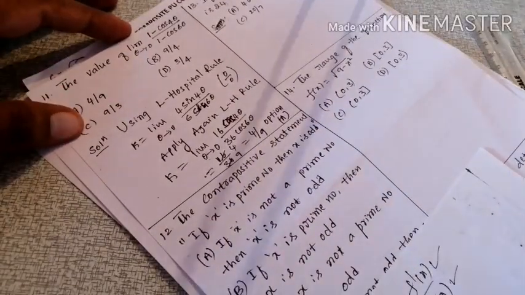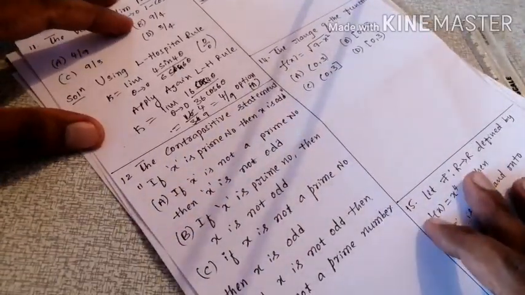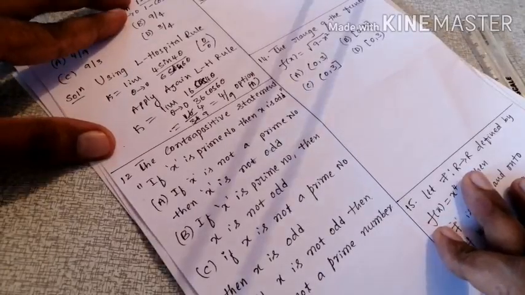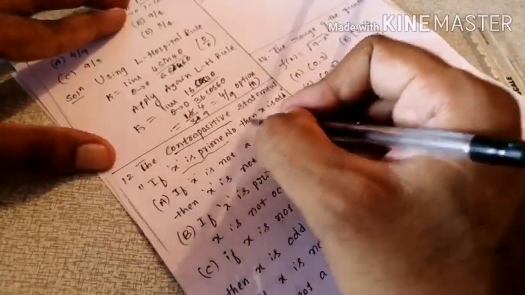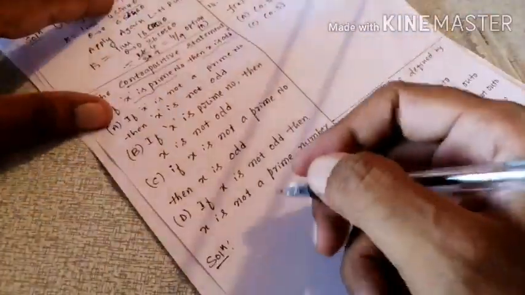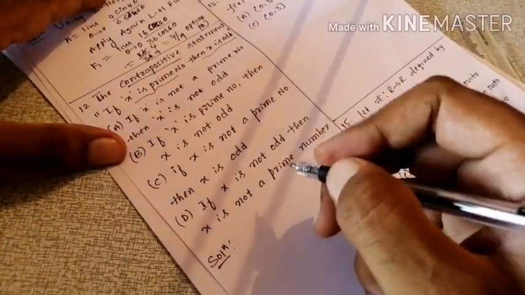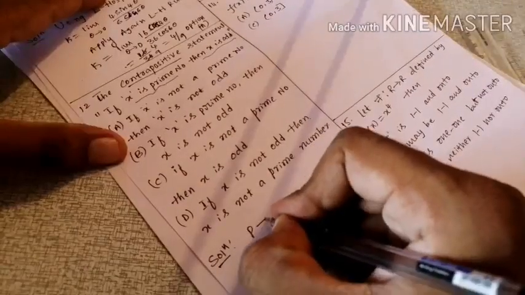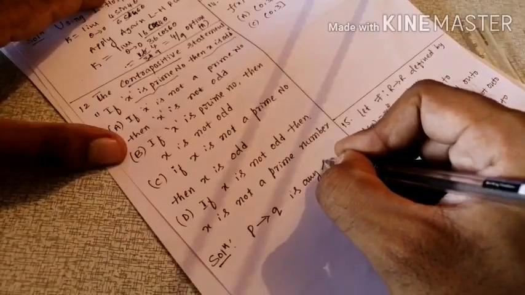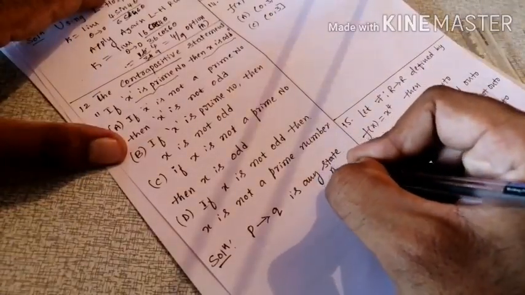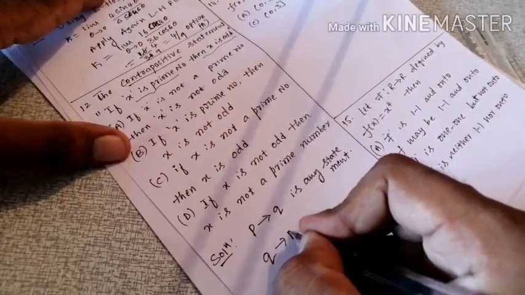Okay, next one is a very easy one because everybody knows about this. This also belongs to first year topic. The contrapositive statement of the given statement, x is prime number and x is odd. Keep it in mind, any if-then statements are called conditional statements. P implies Q is any statement, then Q implies P is called converse.